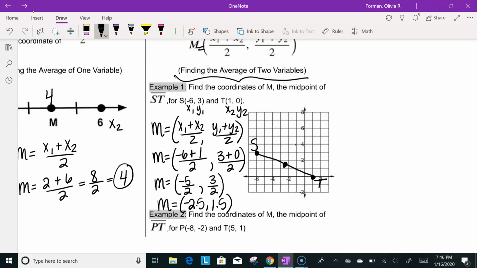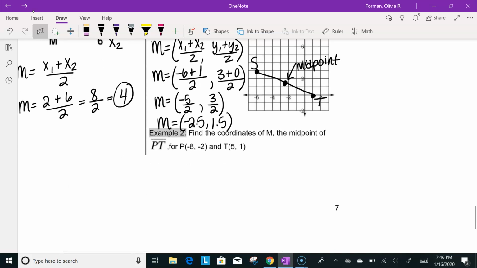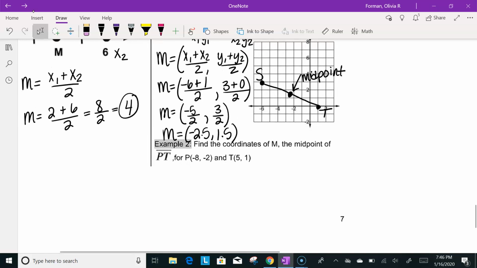So about this point right here is my midpoint. Just by looking at that picture, I hope you're thinking, yeah, that makes sense. It does look like it falls right on that line. It makes sense for this problem. You would consider that you double checked it. Again, this is not a necessary step. I just wanted to show you that you can check your answer if you would like. Again, graph paper or the marker board is available.